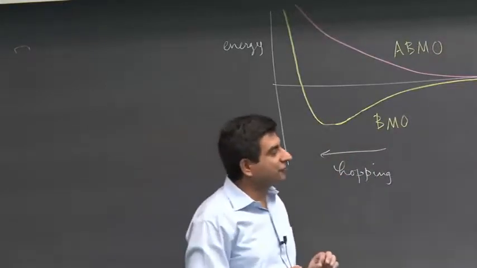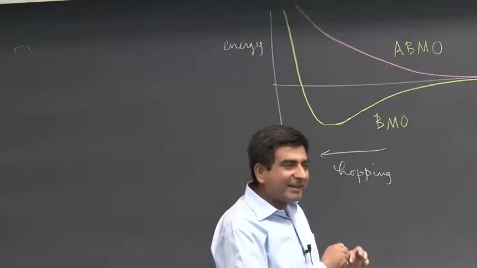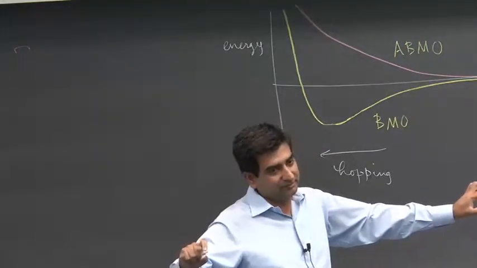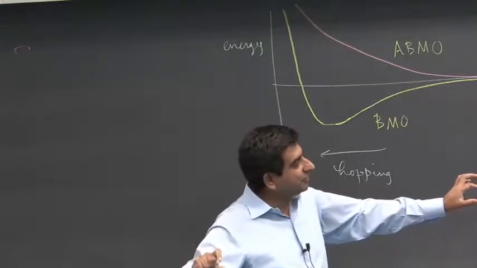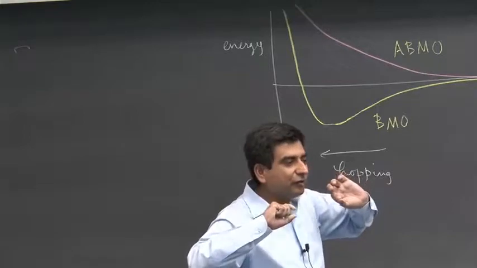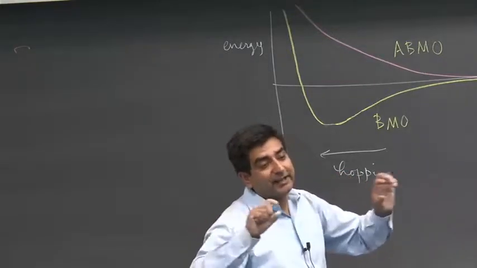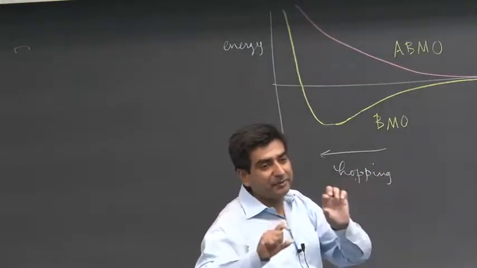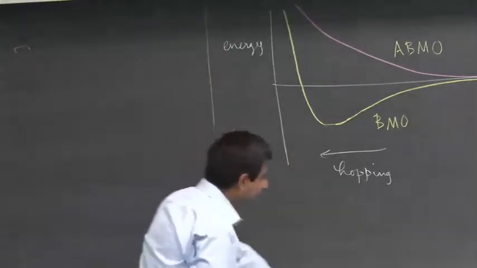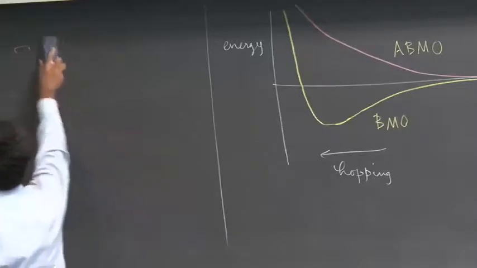And now what we would like to do is take one step further and talk about a chain of atoms, and find out how they interact through this tight binding Hamiltonian. Probably we will not be able to finish this today, but let me set up the problem at least.